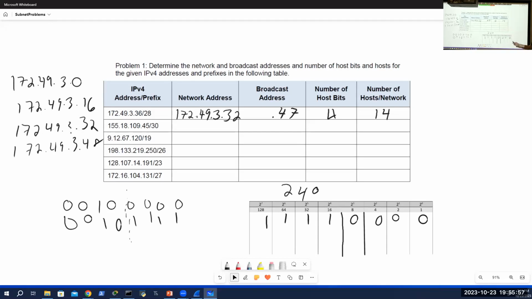Your usable range of addresses will be 33 through 46, because the first usable address is always 1 more than the network address. The last usable address is always 1 less than the broadcast address. And if you know your number of hosts, you also know that, right? So add your 14 to your 32, that gives you your last host address.